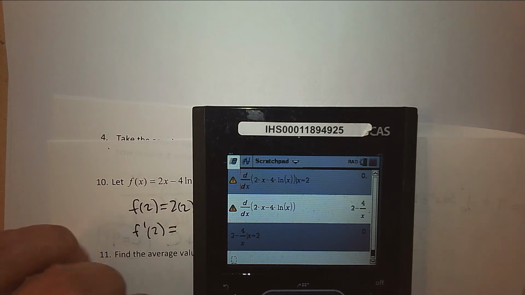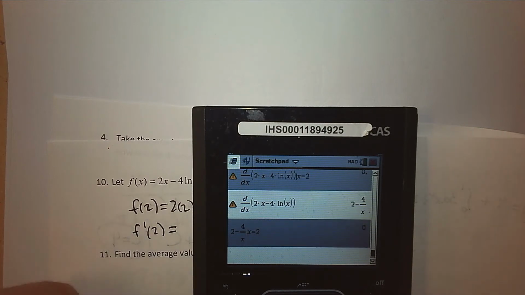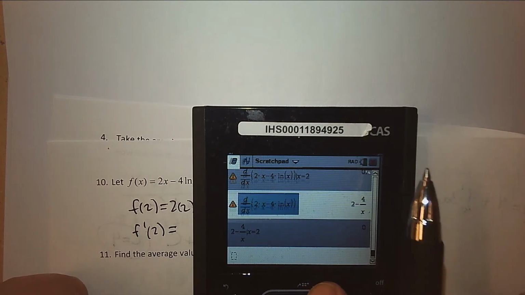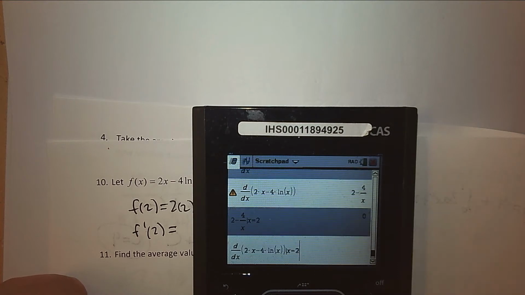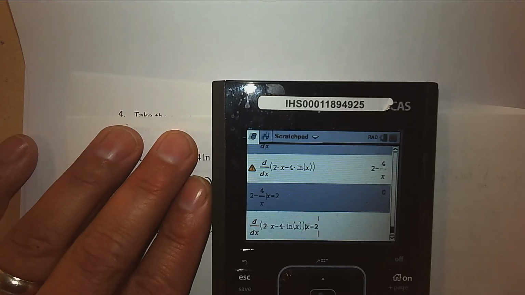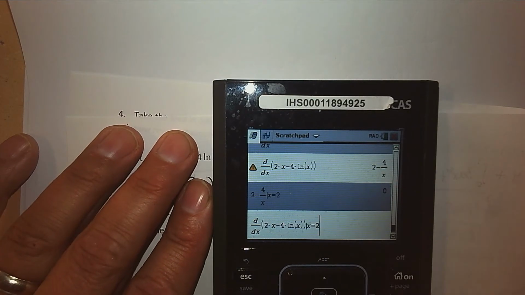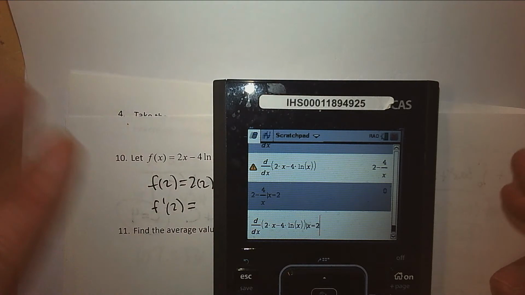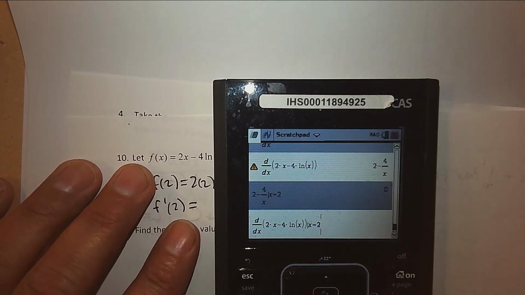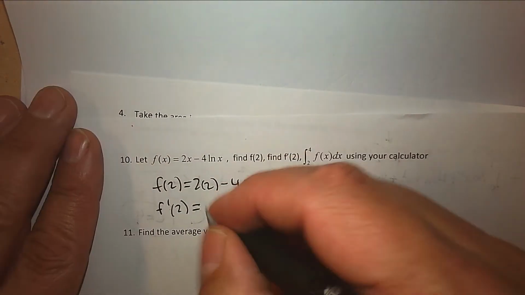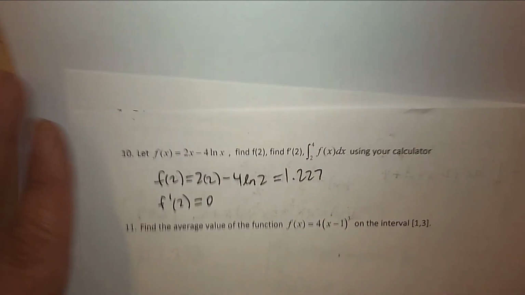It did actually do it correctly. But then it gave me a caution to make sure that I did it correctly. So that might be a new symbol for you, that vertical line, where you can evaluate at a number really quickly. All right, so regardless, the derivative at 2 is equal to 0.